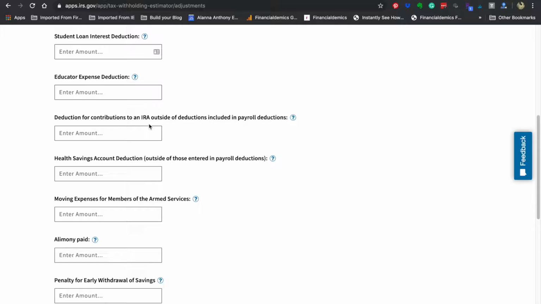If you're contributing to an individual retirement account, so an IRA outside of your 401k or 403b, then you can include those contributions here. Any health savings accounts that are outside of your health savings account at your job, where you are having the money deducted from your paycheck, you will include here.